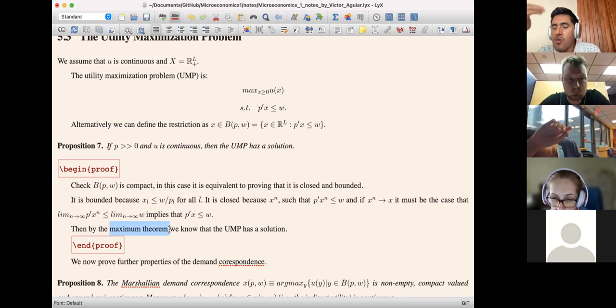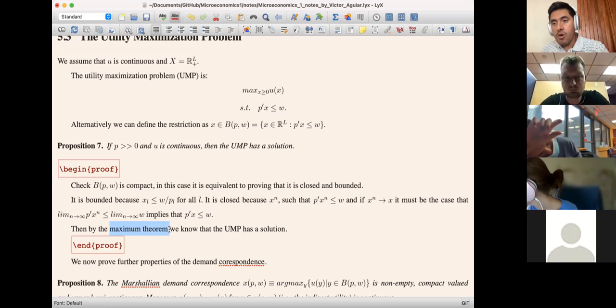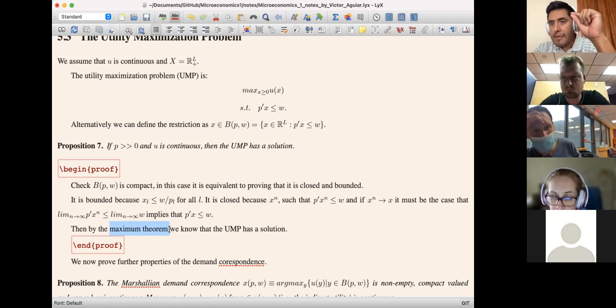Now, why should you care that there is a maximum? Having a maximum means that the model you are building is internally consistent. So tomorrow, say I hire you for a consultancy, right? And I say, okay, look, I want to predict what the purchases of consumers are gonna be if I change the price of this particular good, say 20% up.